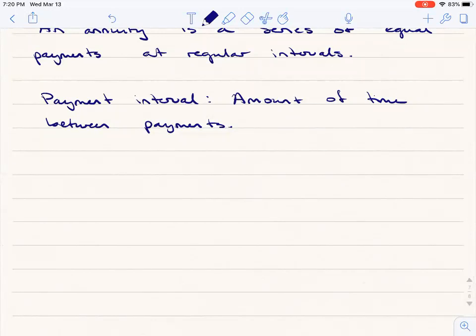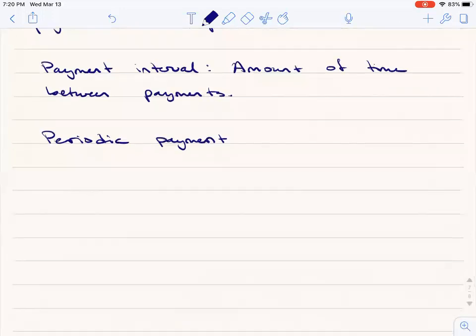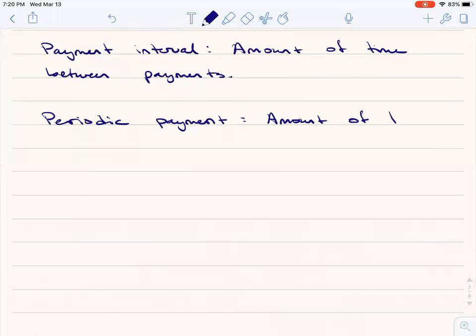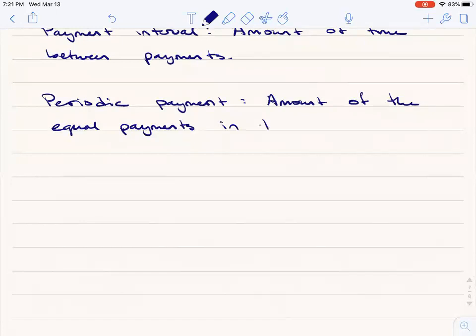The periodic payment is the amount of each payment, right? So the periodic payment is the amount of the equal payments in the annuity.